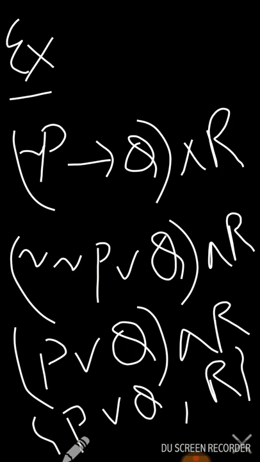You can see here we have disjunction, here we don't have disjunction. So the first step is to convert into the clausal form.